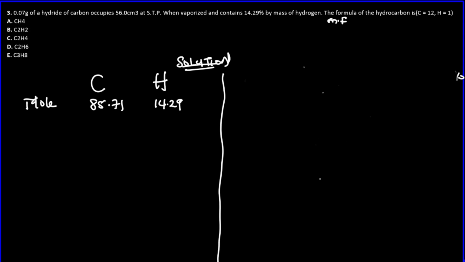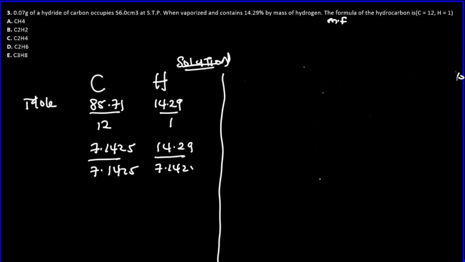Simple. So here, after this, we divide to get the mole. We divide by what? The relative atomic masses. So divide by 12, divide by 1. 85.71 divided by 12 gives us 7.1425. This gives us 14.29. Divide both by the smallest mole. 7.1425 is the smallest mole.